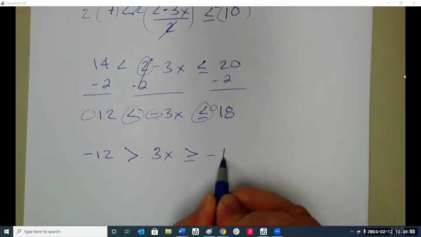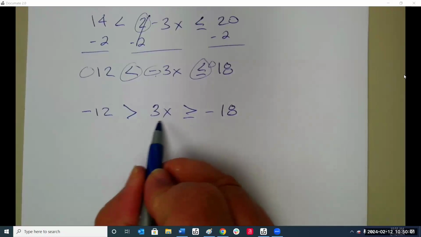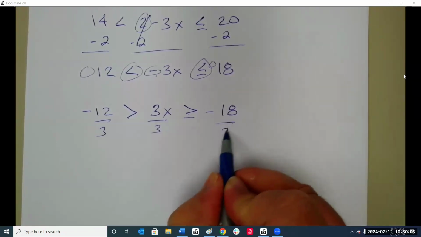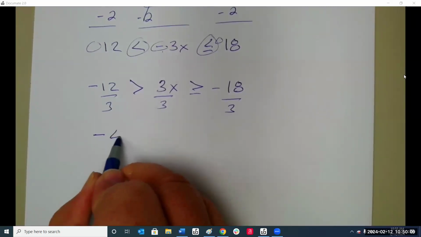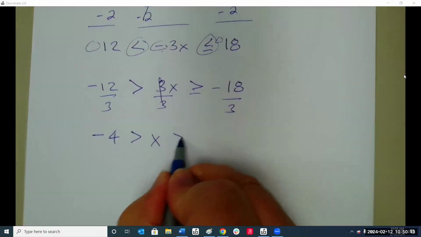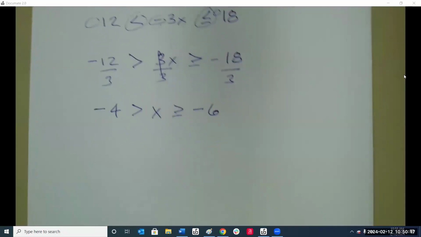This flips, negative 18. And then divide by 3. 12 divided by 3 is 4. X. Negative 18 divided by 3 is 6.